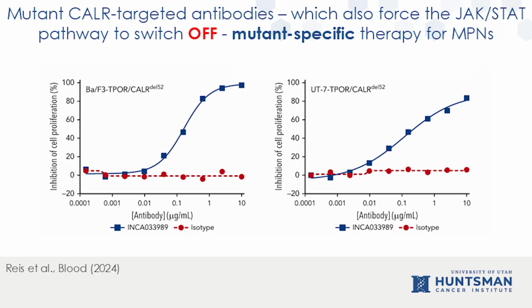And there's zero cell death in cells that are not treated with the antibody, but in isotype control. So this is very specific, and it's really unique in that it's the first mutant-specific therapy. And the reason we're able to have that is because of this unique mutation that has this really specific mutant terminus.